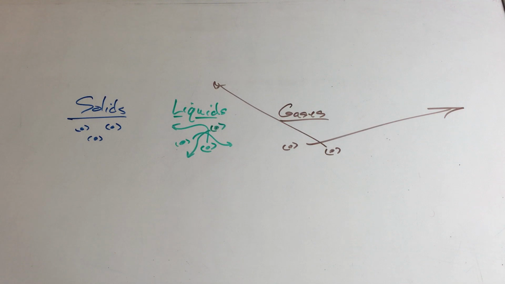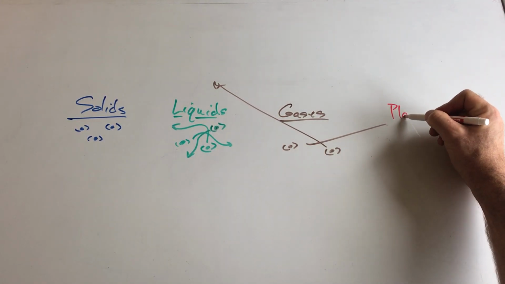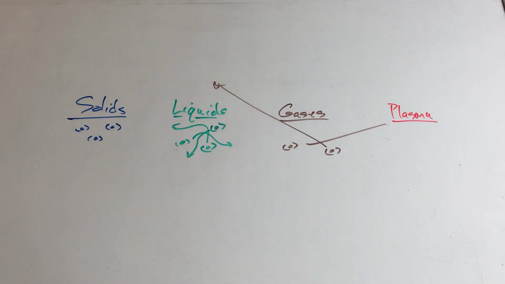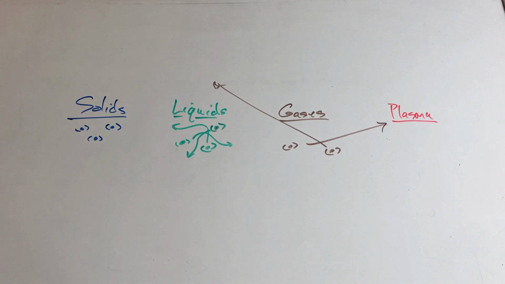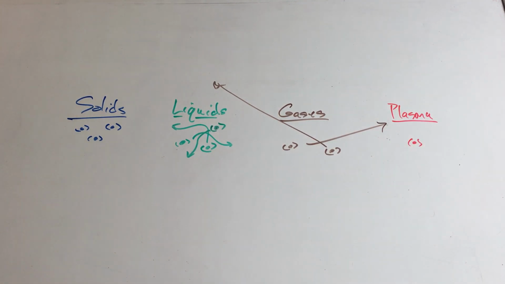Right. There's actually another one that should be at least mentioned, and that is plasma. The kind of classic version of plasma is junk on fire. So that's like the center of the sun, or flames, right? There the particles are going so fast that they could be changing.